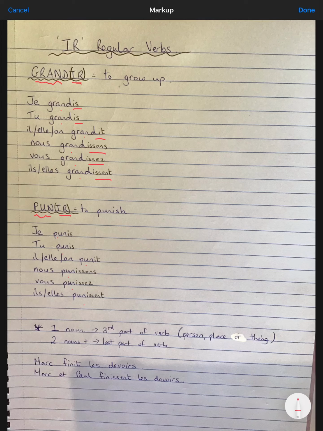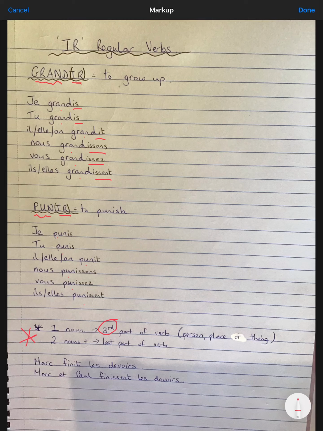Okay, and just to remember as well here, for one noun, if it's a person, a place, or a thing, it could be someone's name, could be the word the sister, so on any one noun, you'll always use the third part of the verb. When you're writing, you won't always be starting with one of those pronouns, je, tu, il, elle, and so on.